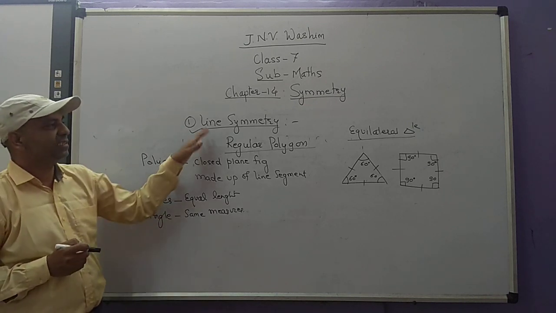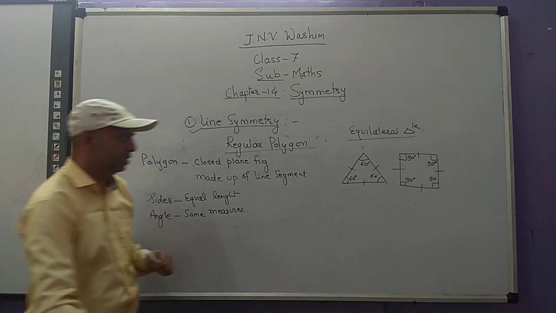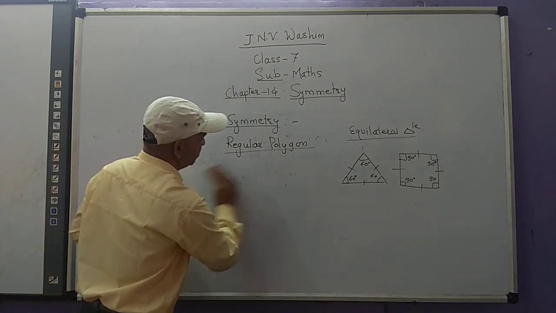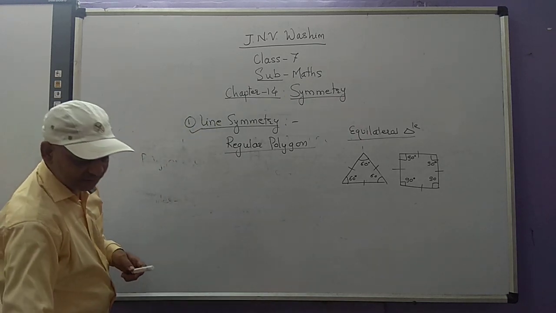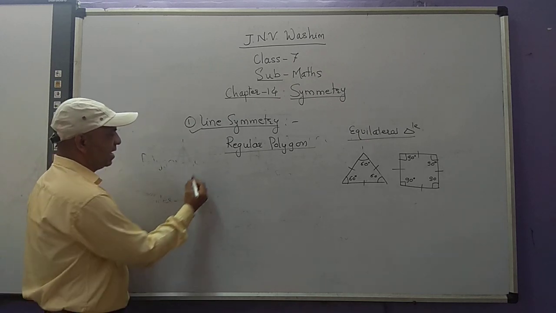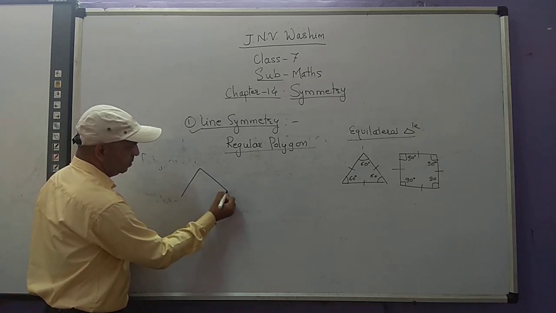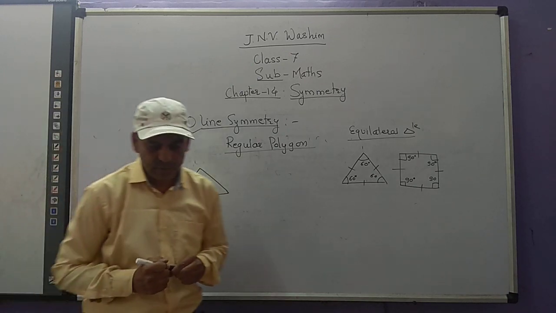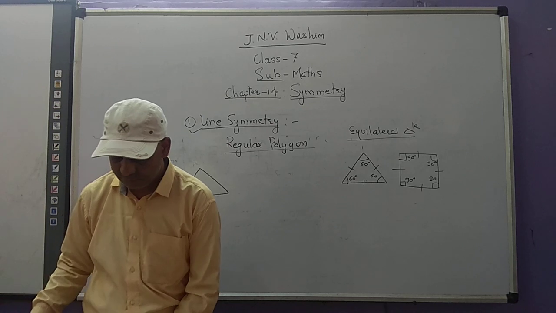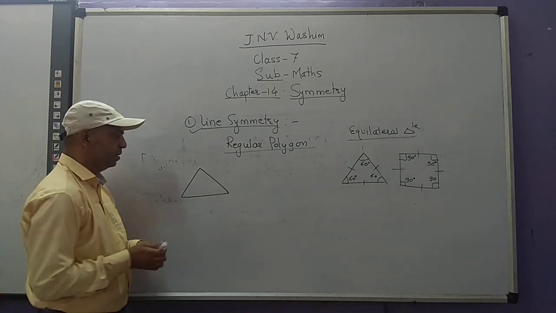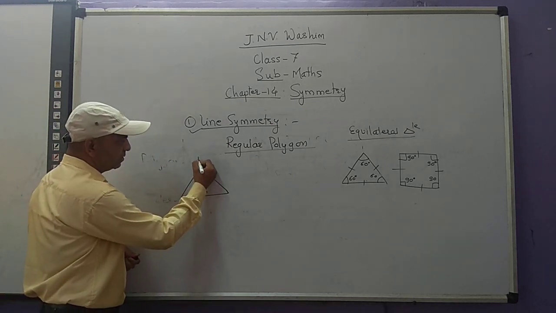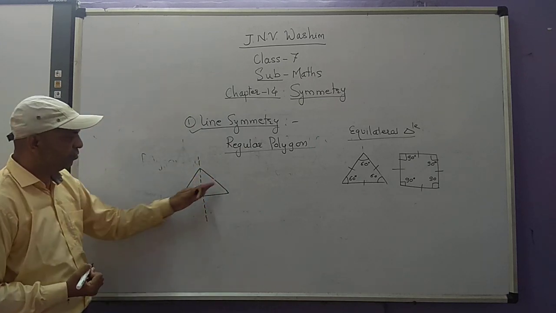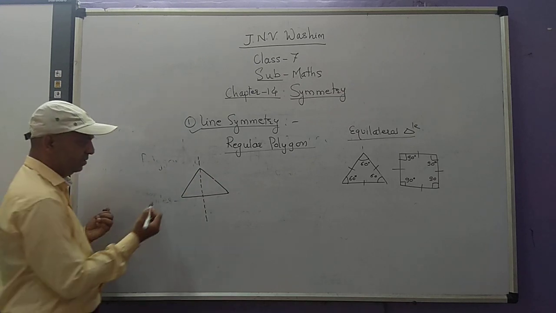So, what is line symmetry in these regular polygons? See, it is very interesting. If I take an equilateral triangle, and when I fold along this vertical line segment, its two parts coincide.